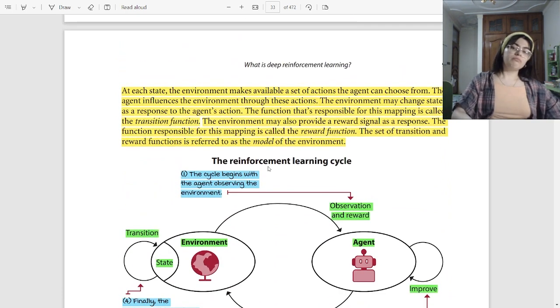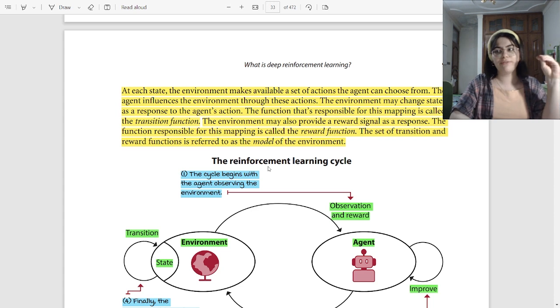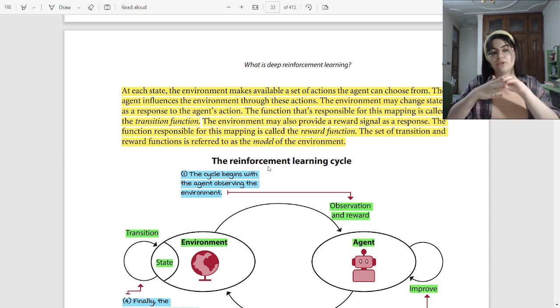Okay. So at each state, the environment makes available a set of actions that the agent can choose from. The goal of RL, as we mentioned earlier, is to act. The agent influences the environment through these actions, and this is important too.